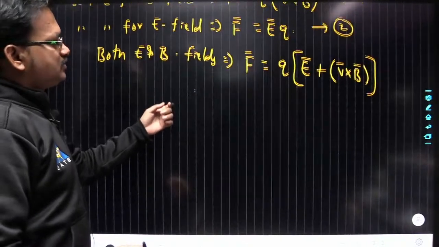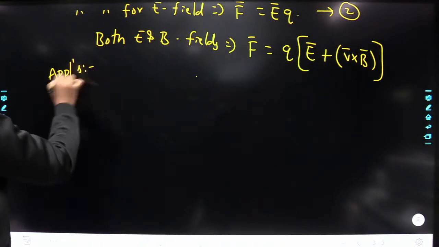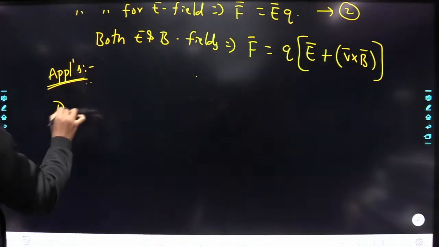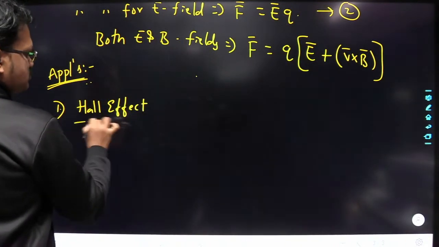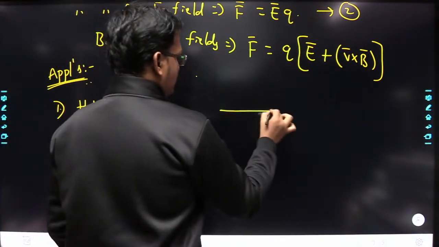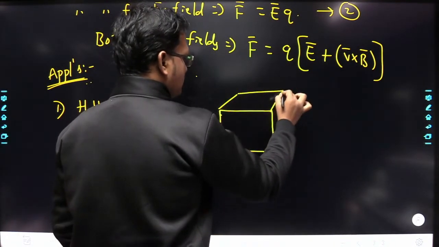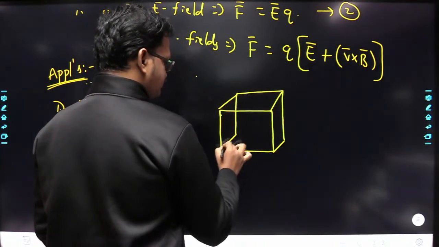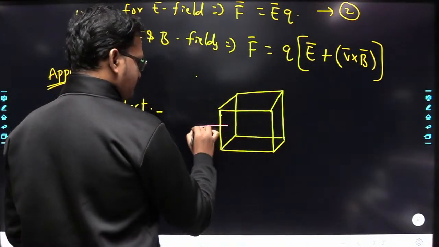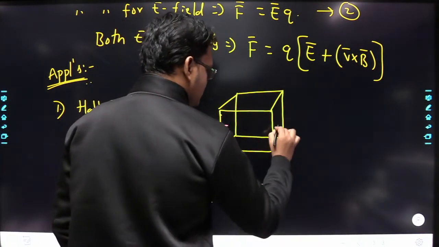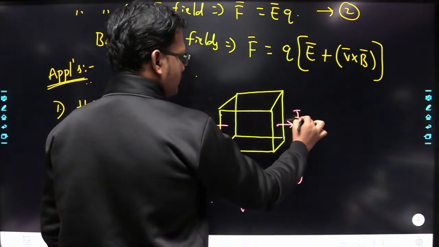So we have seen the applications of this Lorentz force equation. What is the first one we have seen here? That is nothing but the Hall effect. Here we have taken a semiconductor and applied a potential difference V. We observed the current flowing in this direction.